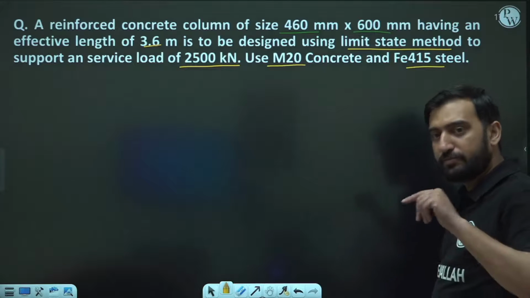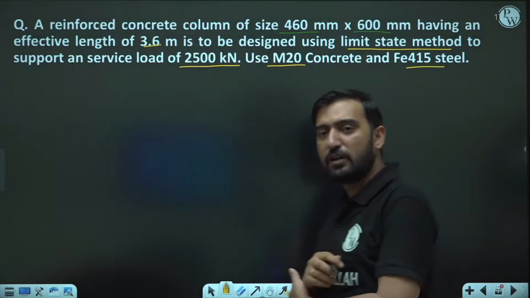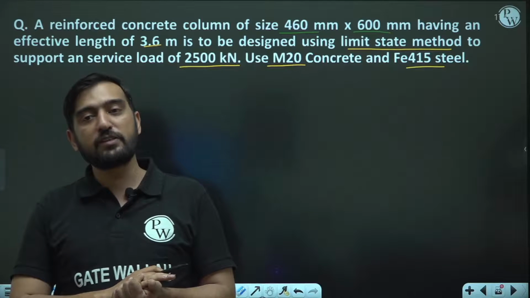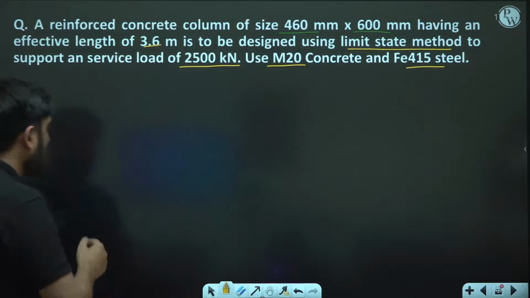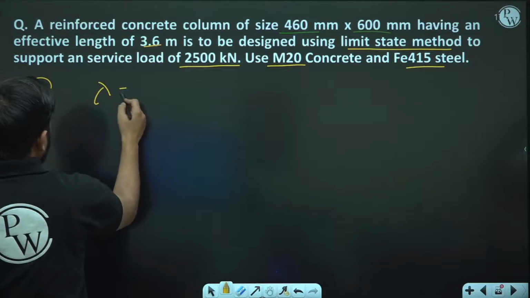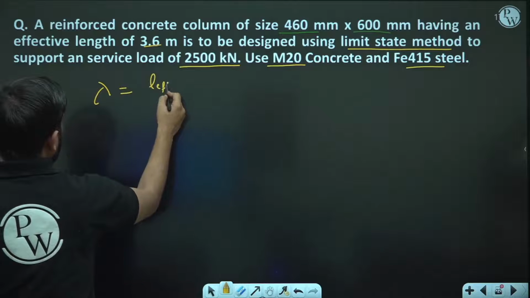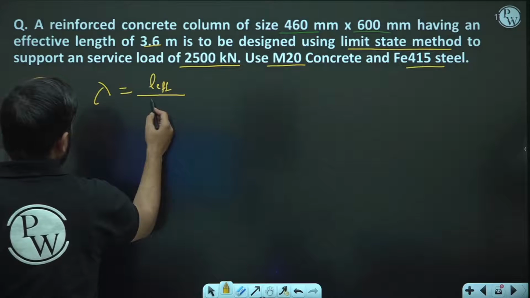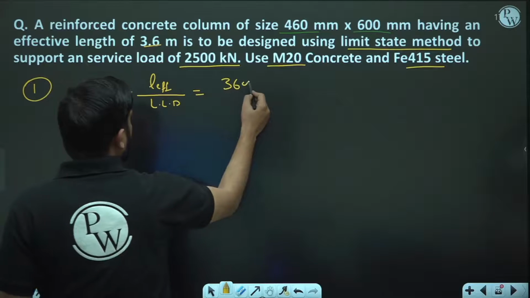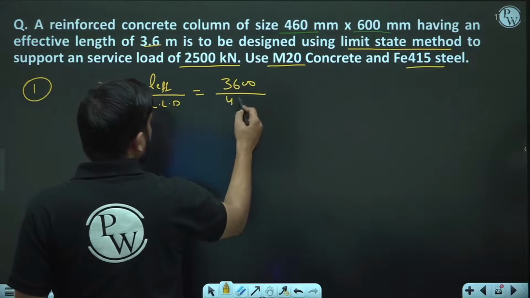Before applying the short axially loaded column method, we need to prove that it is a short column as well as an axially loaded column. So first I am going to calculate the column lambda. Lambda is L effective upon least lateral dimension. L effective is 3600 mm and least lateral dimension is 460 mm.